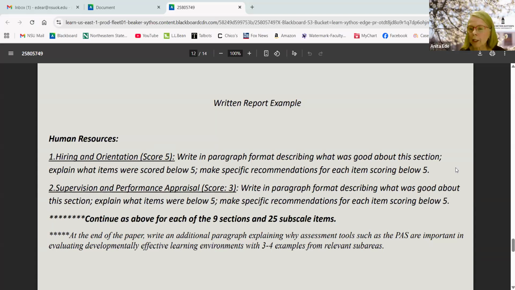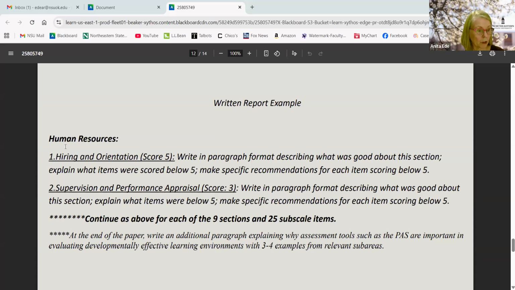You just never know where you had your little items, your little yeses and nos. And for each section, make specific recommendations for each item scoring below 5, because we really want the center to be better than just barely in the middle.